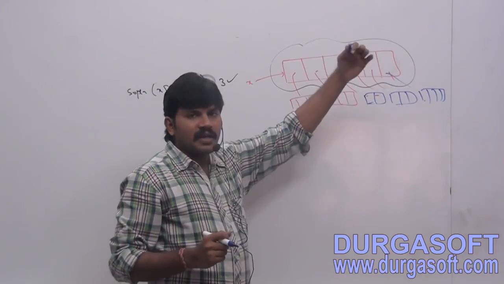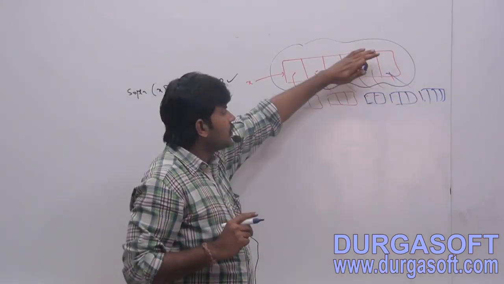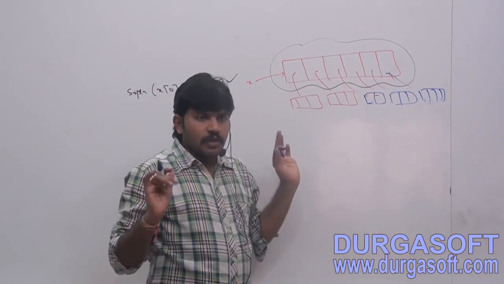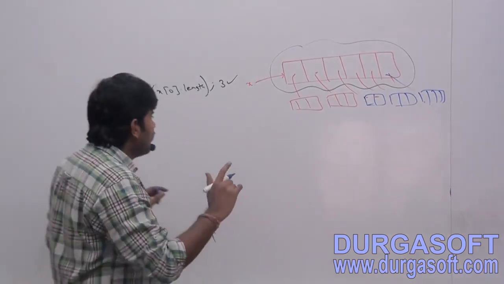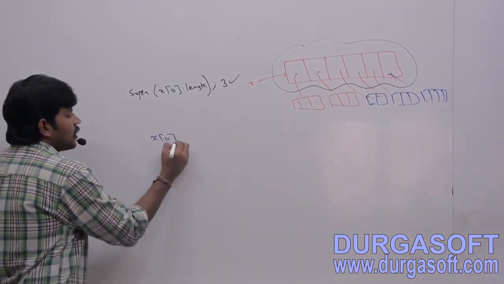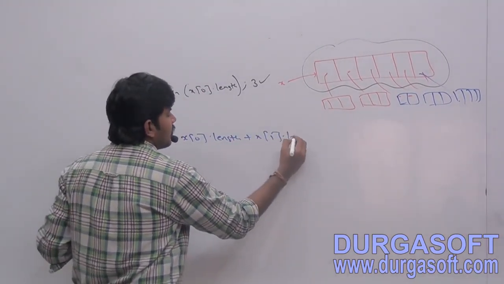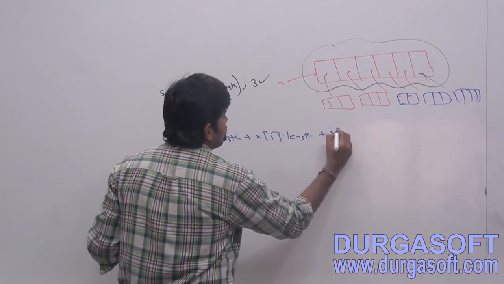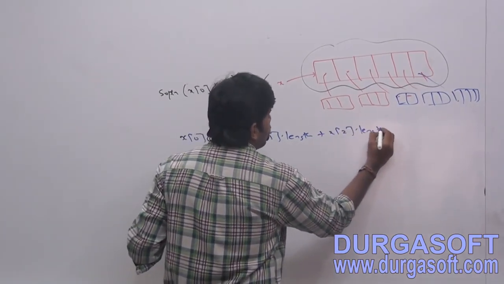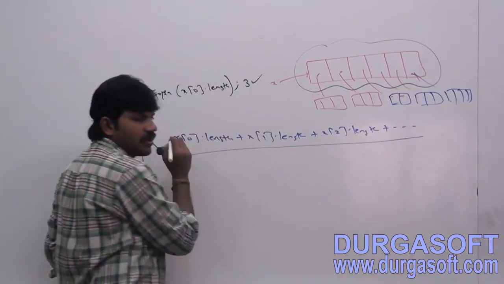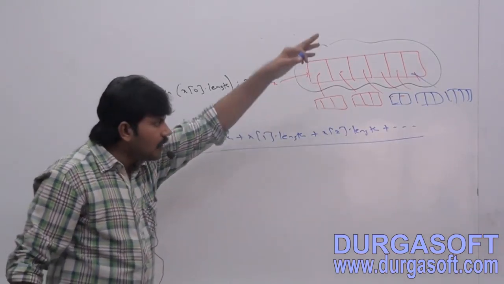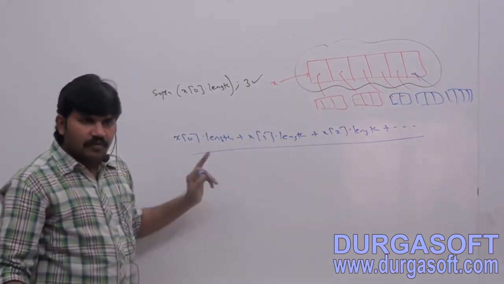So there is no direct way to specify the size of a multi-dimensional array. Indirectly we can find it. The way is very simple: x of 0 dot length plus x of 1 dot length plus x of 2 dot length plus and so on. If you count all of them, then automatically you will get the total size.